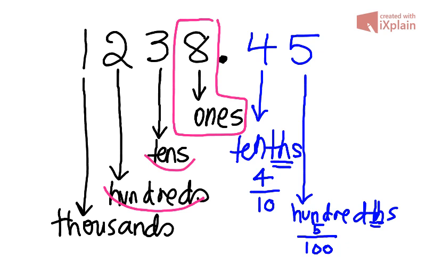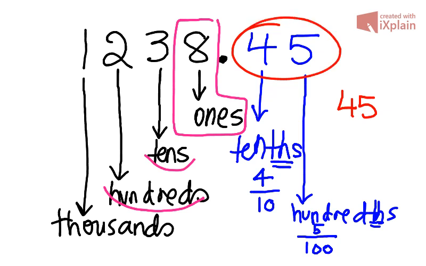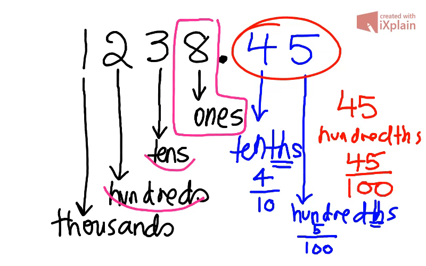I can still read that way, but ending in the hundredth place. So I could read this as 45 hundredths, because that's the last place where this number ends. Or I could express it as 45 over 100.